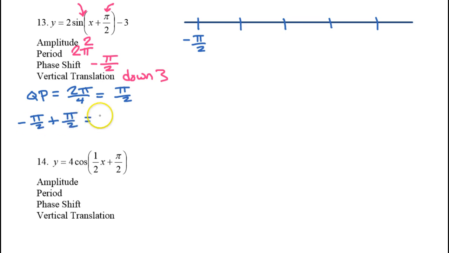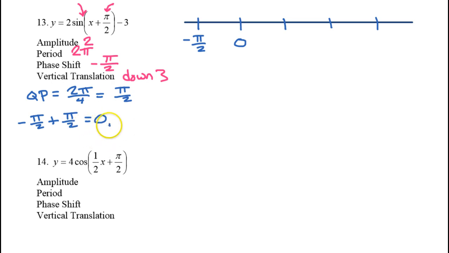Well, that's going to make 0. All right? So that's going to give me the next mark. Now, I'm just going to repeatedly add π/2 to get the other 3 marks.